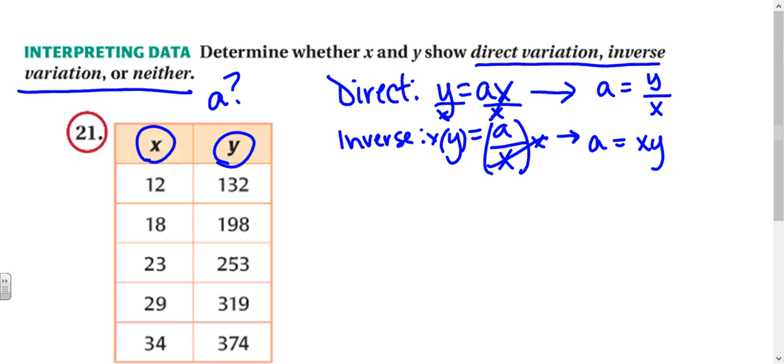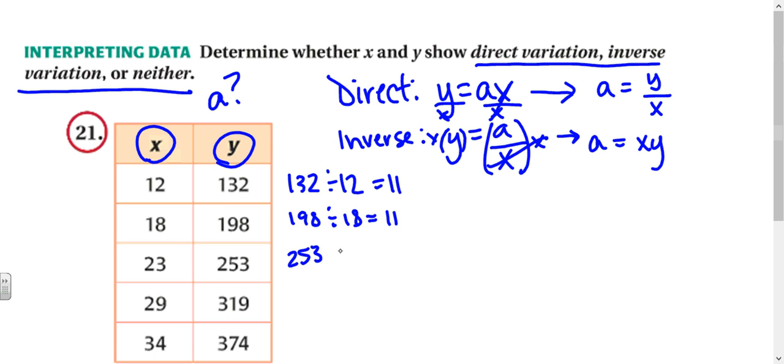So if I look at this, if I take 132 divided by 12, I get 11. And then if I take 198 divided by 18, I also get 11. And if I take 253 divided by 23, I also get 11.